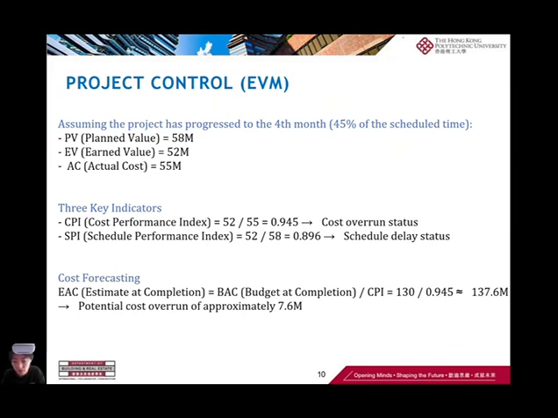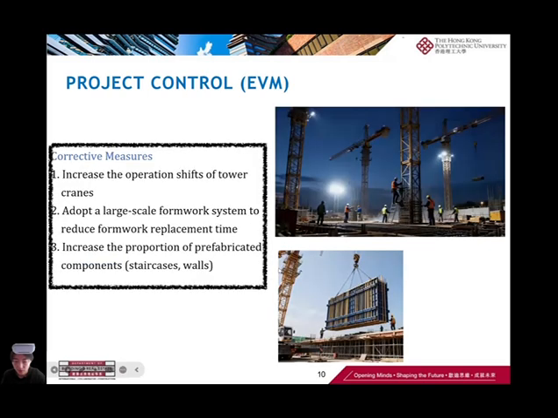This highlights the need for early intervention and tighter cost and time control in the coming phases. We have corrective measures. The first is to increase the operation shifts of tower cranes. Second, adopt a large-scale formwork system to reduce formwork replacement time. And third, increase the proportion of prefabricated components.